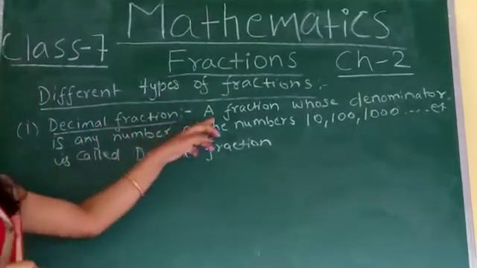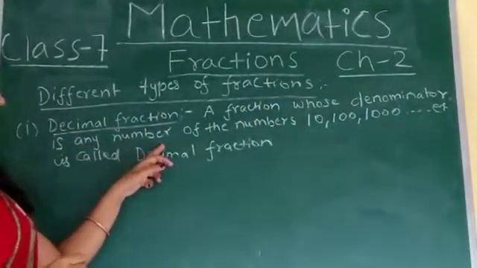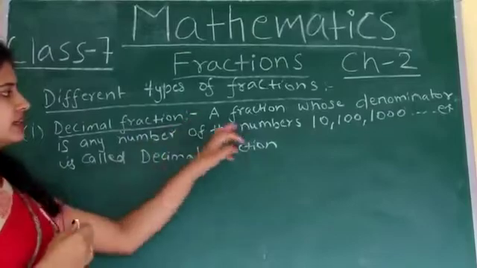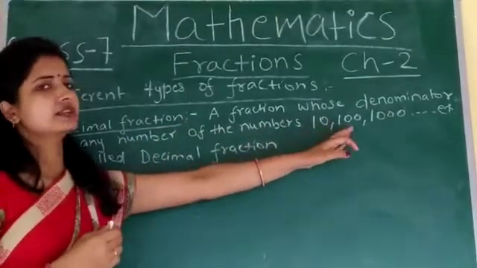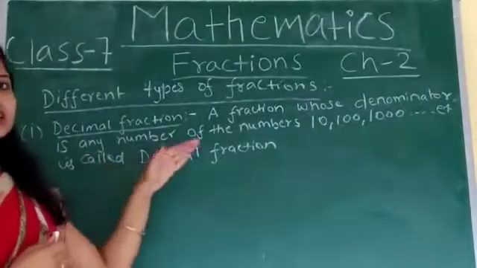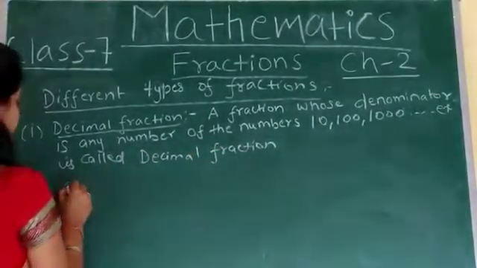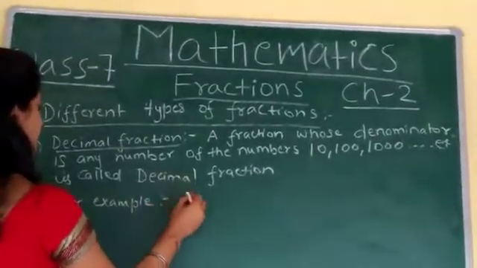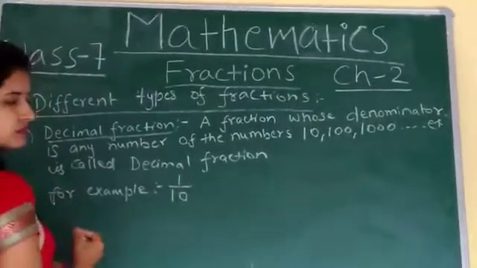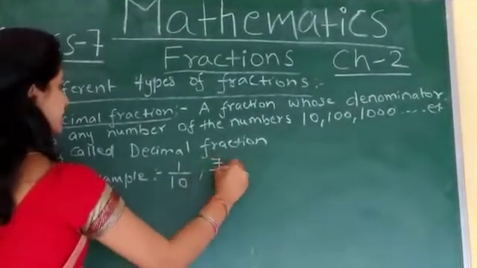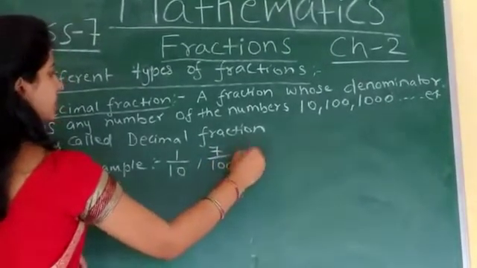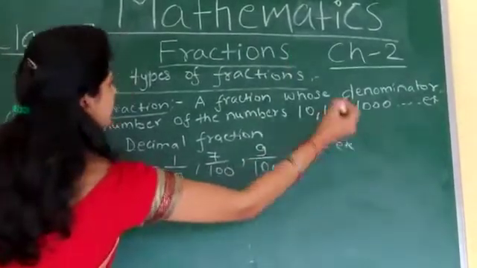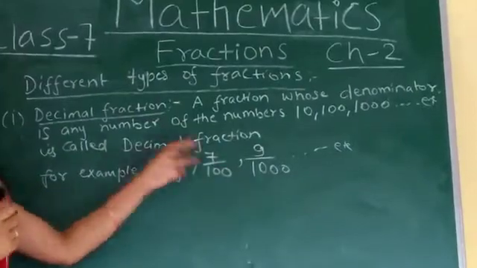You know what numerator and denominator is? I already had explained. So, whose denominator is any number of this form like 10, 100, 1000 and so on is called decimal fraction. Let, for example, 1 by 10 or 7 by 100 or 9 by 1000 and so on. These are called decimal fractions.